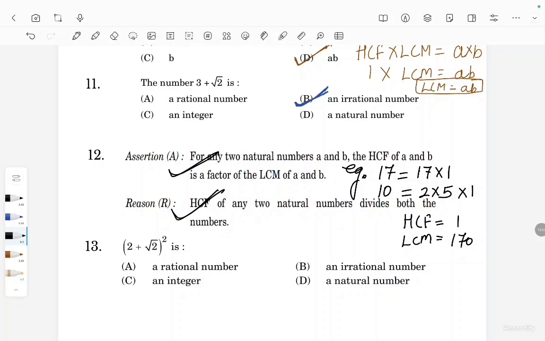So it clearly indicates that for any two natural numbers A and B, that is, we had taken 17 and 10, HCF of these two numbers is a factor of LCM. What is LCM? 170, and 1 is a factor of 170. HCF is 1 and 1 divides both the numbers, right? 1 divides 17 as well as 10. Okay, done.